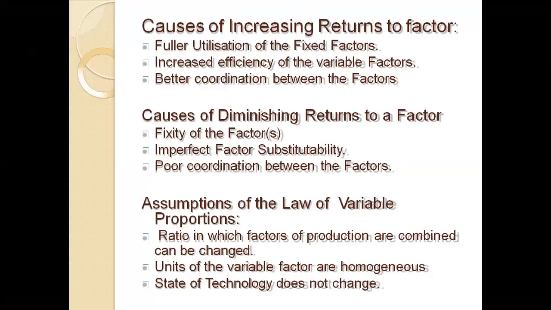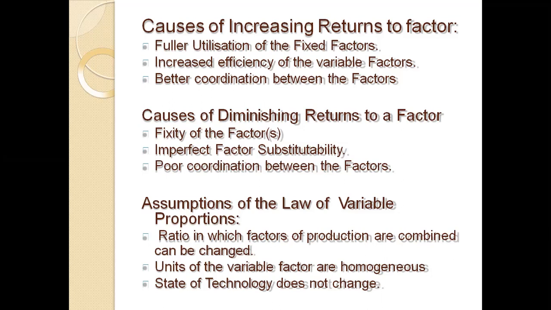Okay, so what are the causes of increasing returns to a factor? The first one talks about fuller utilization of the fixed factors. As you can see, children, in the initial stages, fixed factors remain unutilized. That is your machines and all; they are fixed factors, and they remain underutilized. Its fuller utilization calls for greater application of the variable factor.